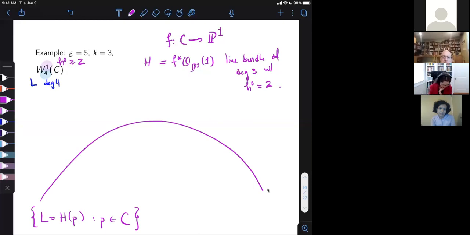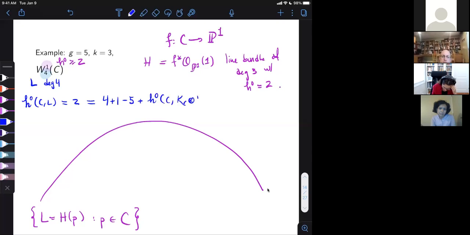And one way we can see that is by Riemann-Roch: if h^0 of L is equal to 2, well, by Riemann-Roch, this is the degree, so 4 plus 1 minus the genus plus h^0 of the adjoint linear series, so K_C tensor L inverse. And on a genus 5 curve, K_C has degree 8, and L had degree 4, so this whole tensor product has degree 4 again.